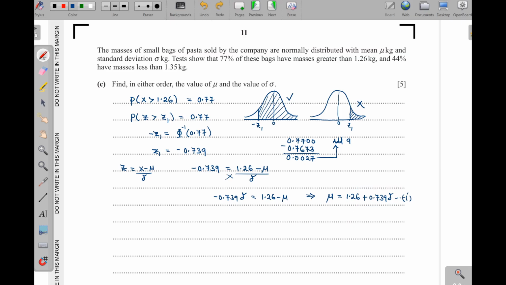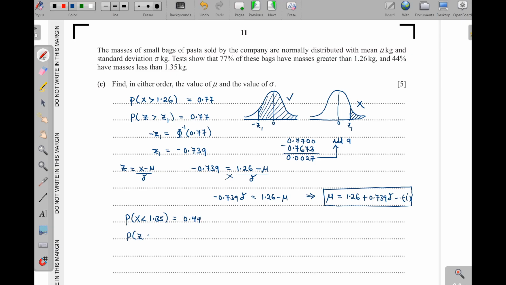Then I'll go to the next one they gave us here, which is 44% for this. So we have probability of x less than 1.35. This one will be equal to 44, so 0.44.